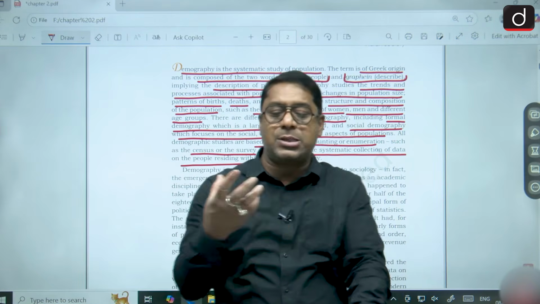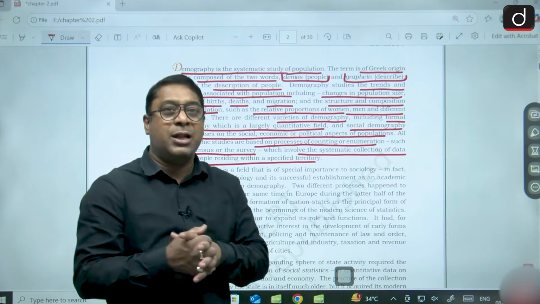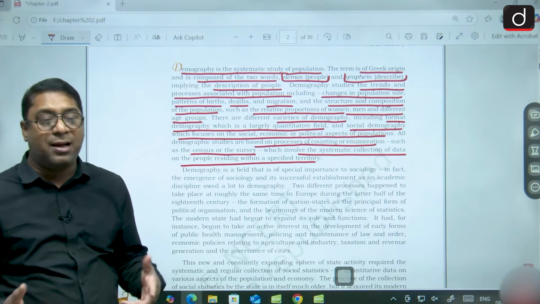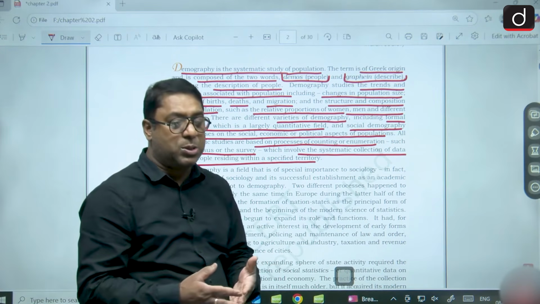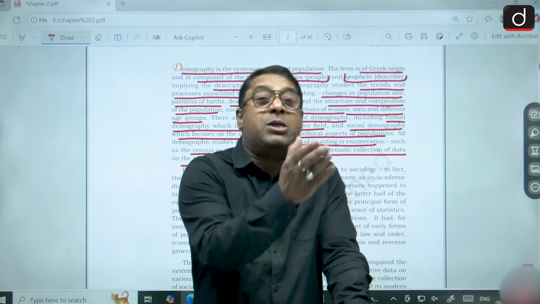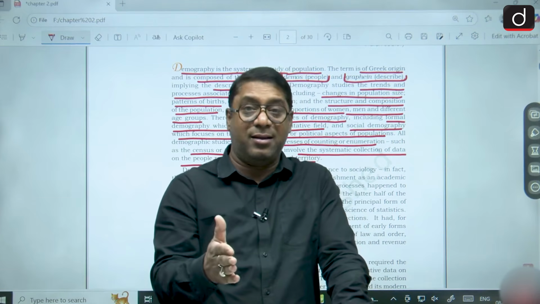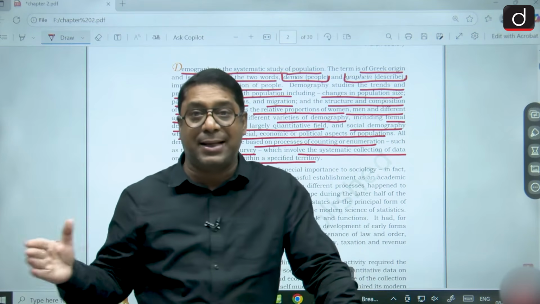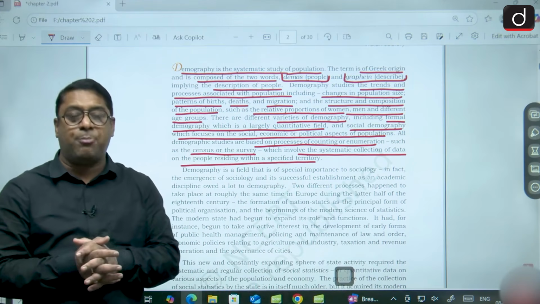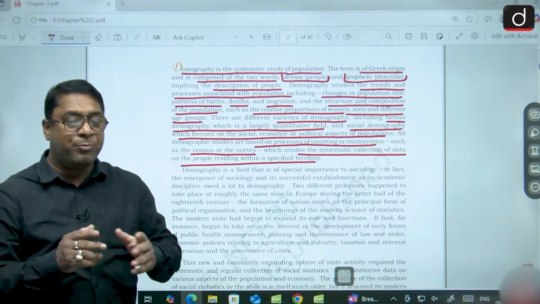Counting as well as enumeration procedures are required, and these are like census and survey procedures, and by this census and survey procedure, we systematically, I'm using the word systematically, gather information on the population, that too for a given territory.